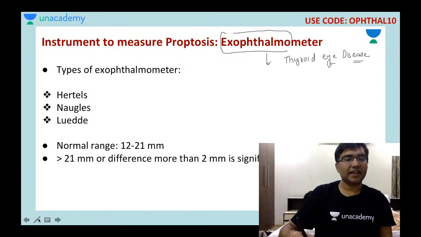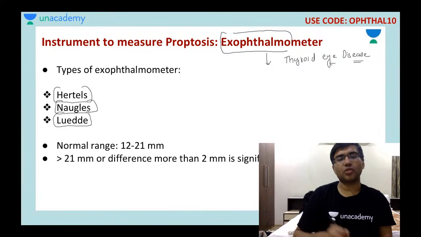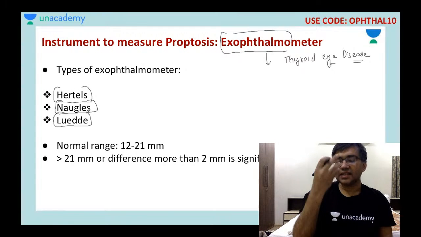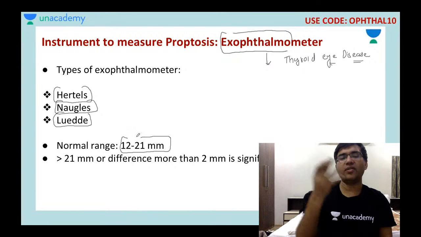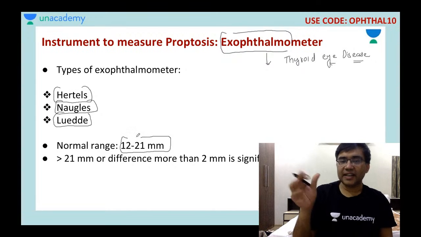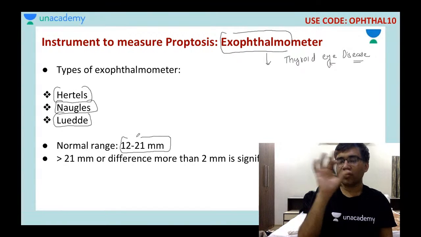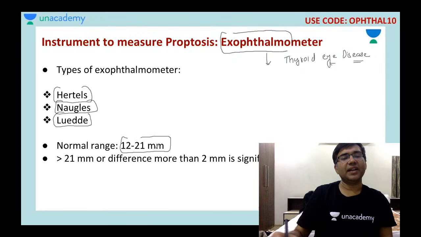So I write it here: Hertel's, Nagel's, and Lady's exophthalmometer. The normal range of exophthalmometer reading is 12 to 21. I will show you what the 12 and the 21 are. If the eyeball is in the range of 12 to 21 millimeters, it is normal.